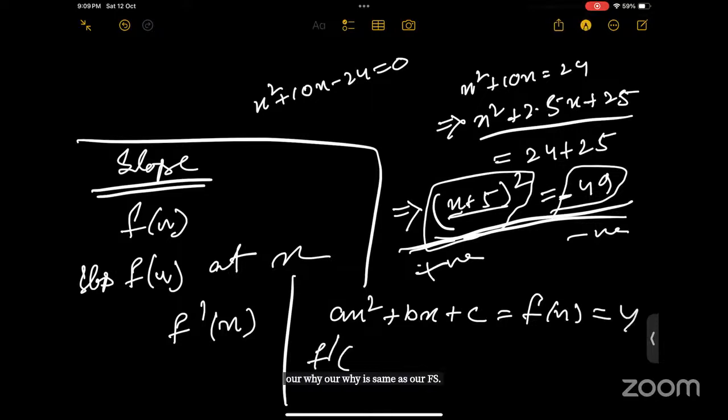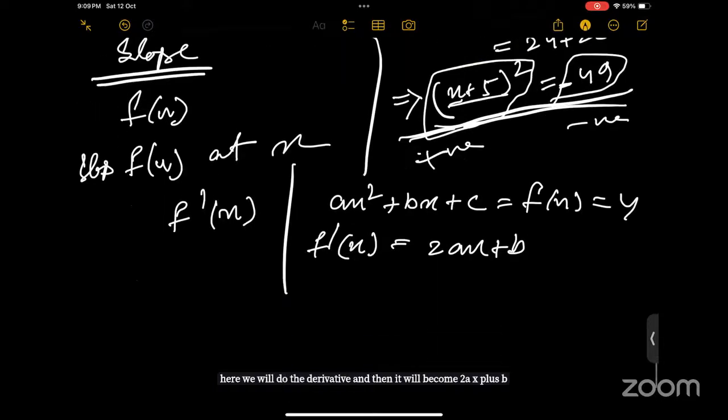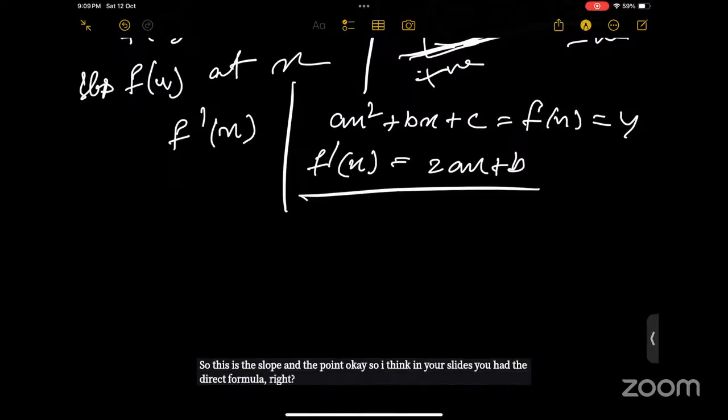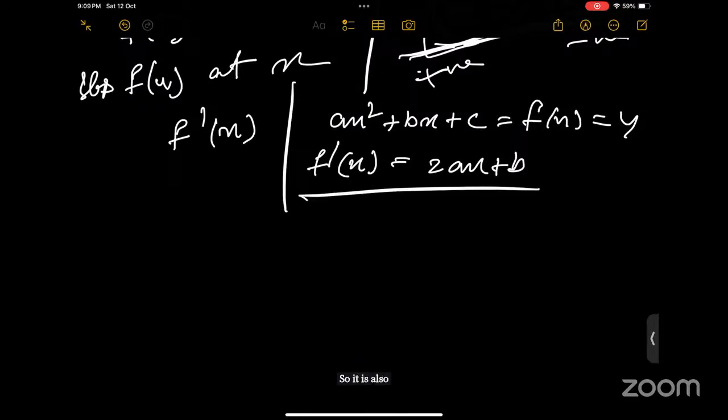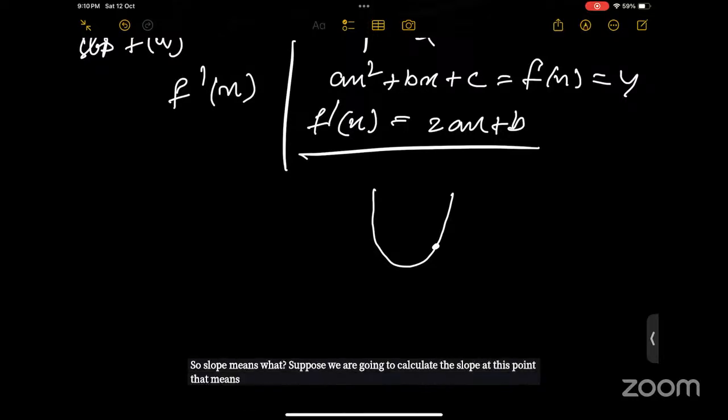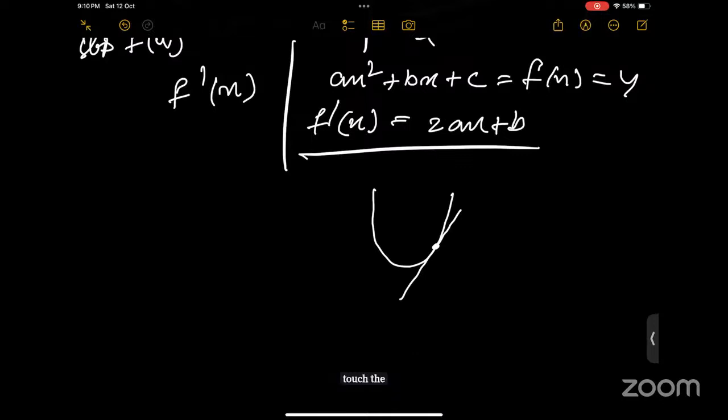Here we will take the derivative and it will become 2ax plus b. So this is the slope at the point x. I think in your slides you have the direct formula, so it is also coming from the derivative. Slope means, suppose we are going to calculate the slope at this point, that means the tangent line will just touch the curve at this point. So this is the slope.